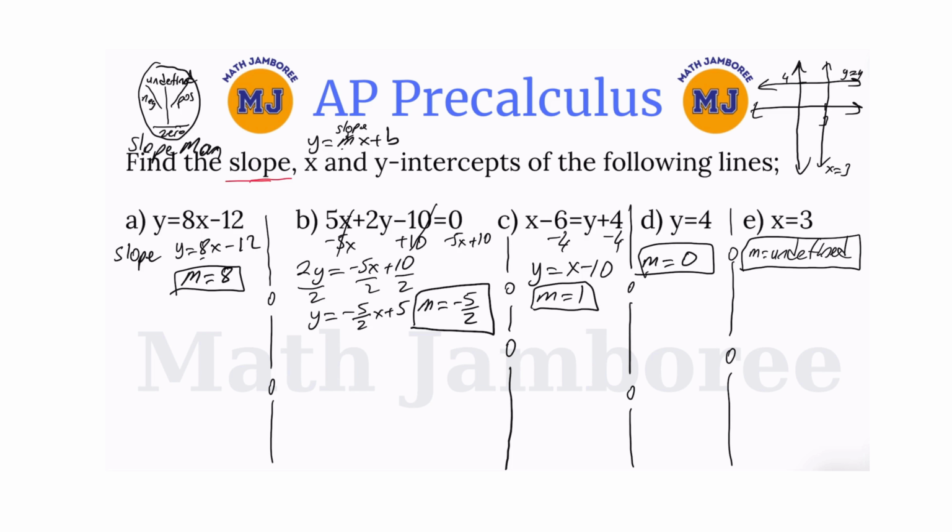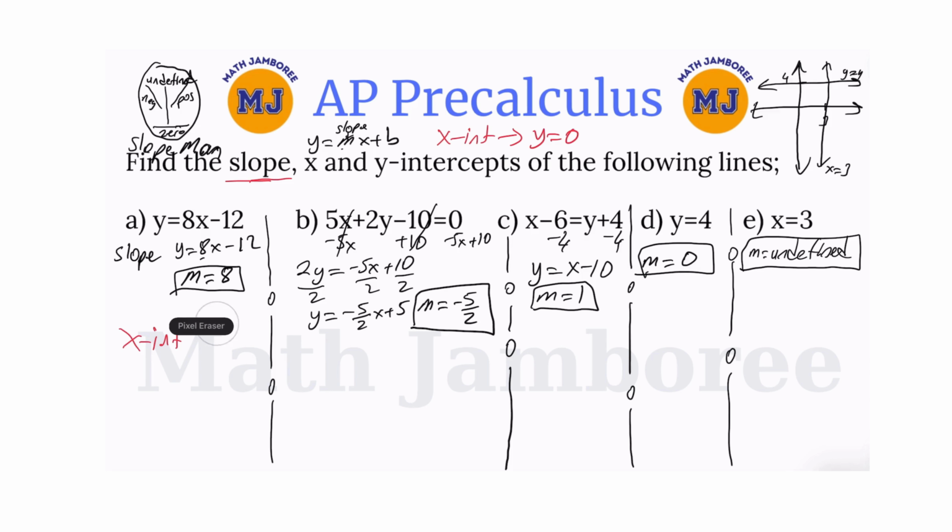Now we're supposed to find the x-intercepts of these. To find an x-intercept, we substitute 0 for y, because at the x-intercept, that point's y value will be 0. So in this equation, y equals, remember, it was the original.